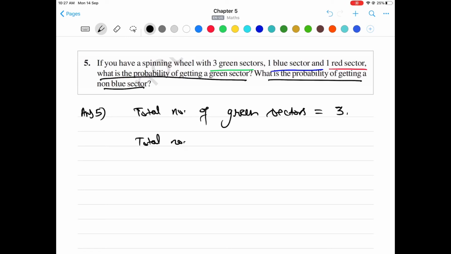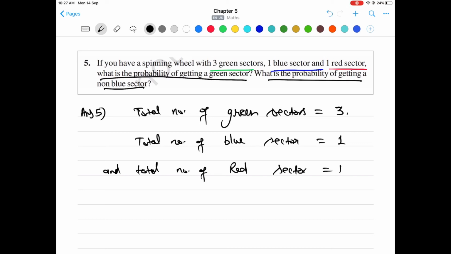Total number of blue sectors is 1, and total number of red sectors is also 1. So the total number of sectors is 3 plus 1 plus 1, which is 5.